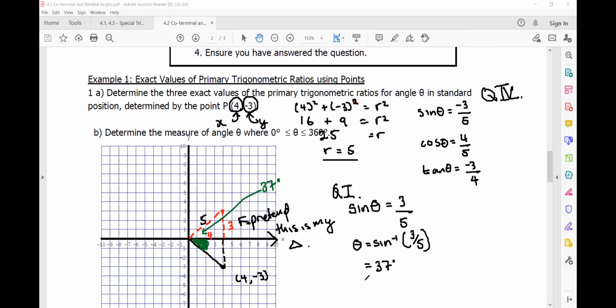So that's why this 37, we call this the reference angle or the related angle. We call this the related angle because that angle can be found anywhere we draw this triangle.